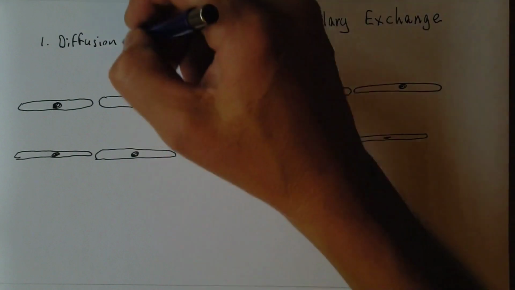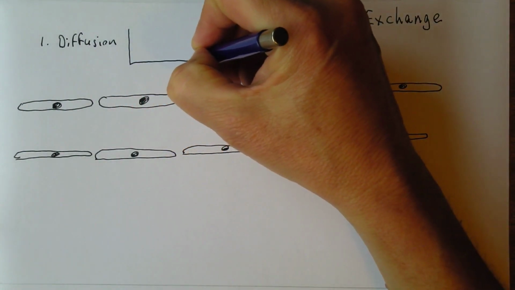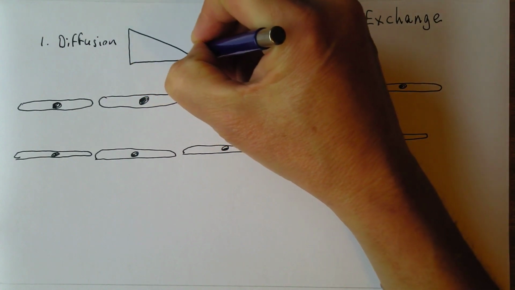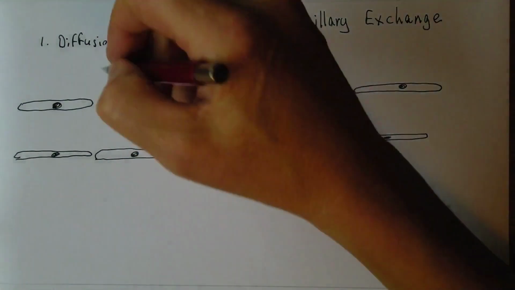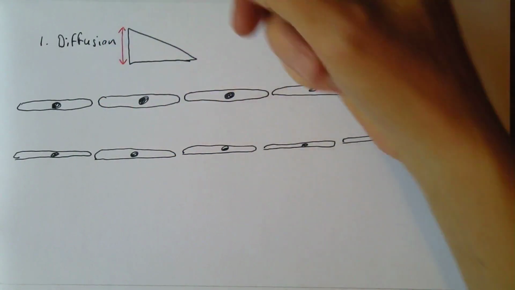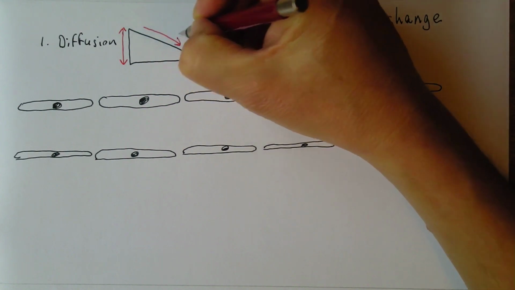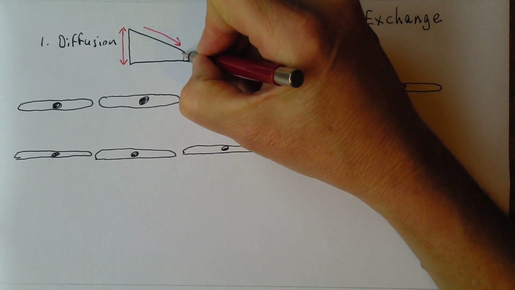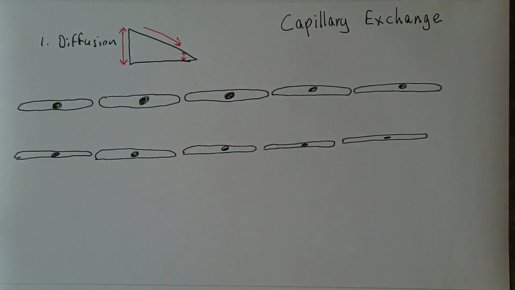And diffusion will take place down a concentration gradient. So here, if we have a substance at relatively high concentration, that will diffuse down the concentration gradient to areas of lower concentration of that particular substance.